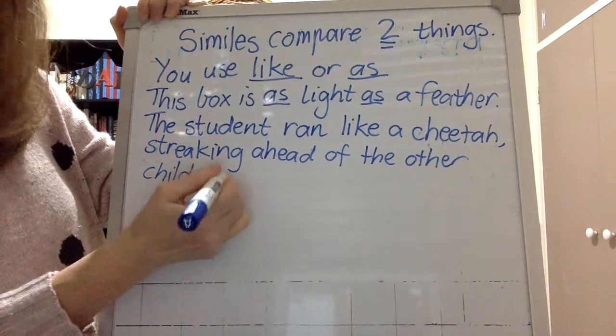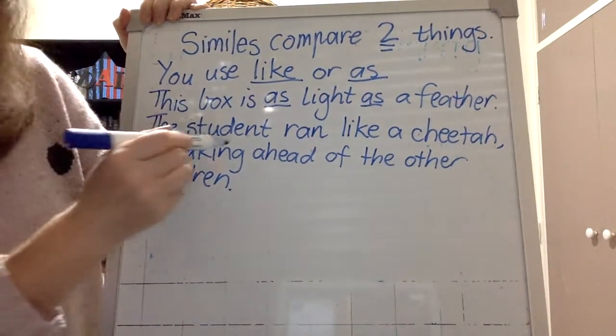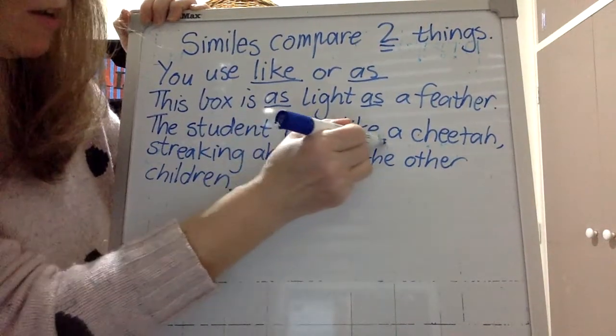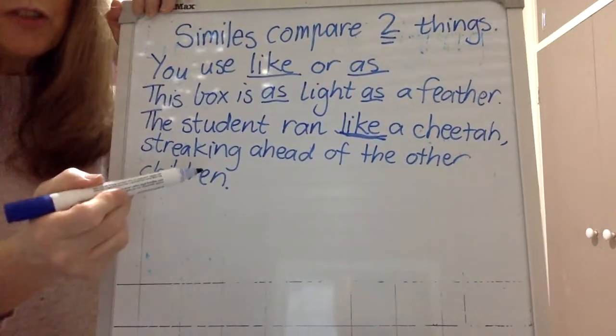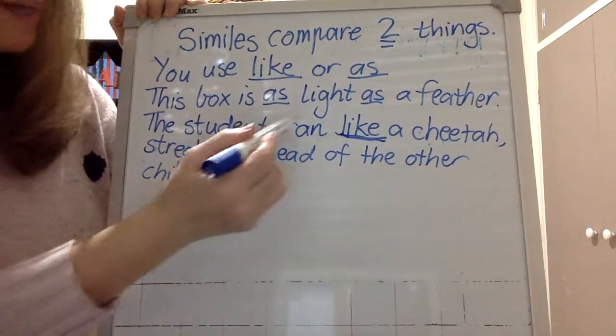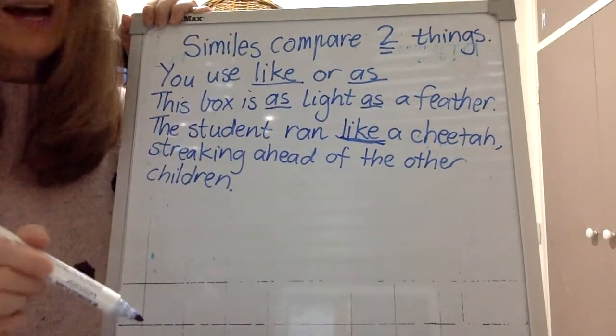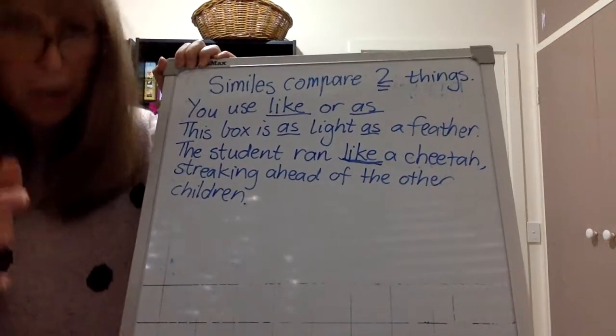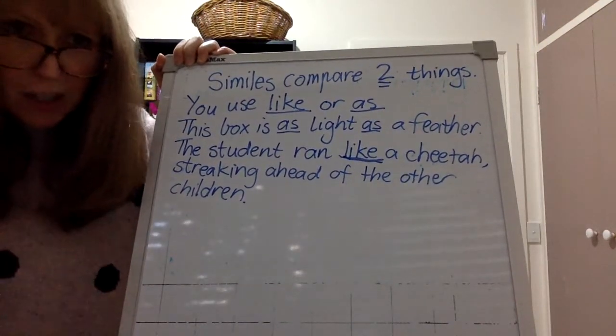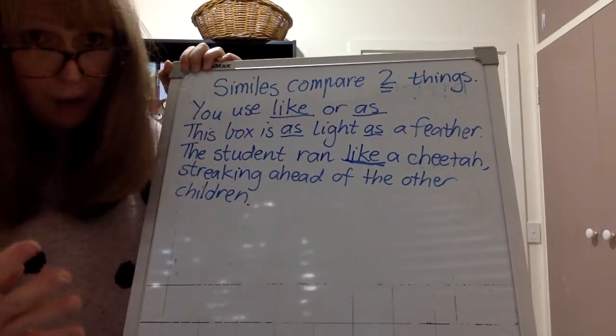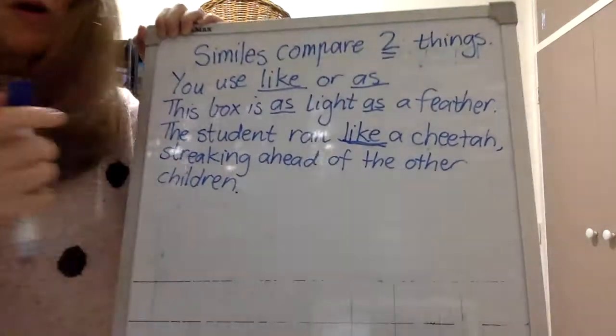So here I've used the word like to explain that the student who was running was like a cheetah. They were super fast. So you can almost imagine the student and a cheetah running together. Well, that's what I see in my brain. So that's why we use them.